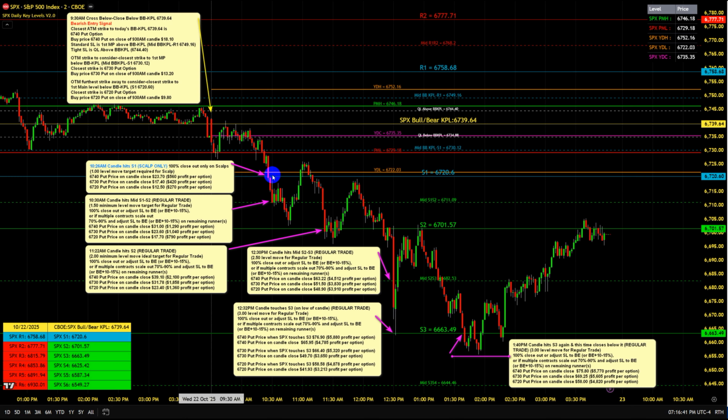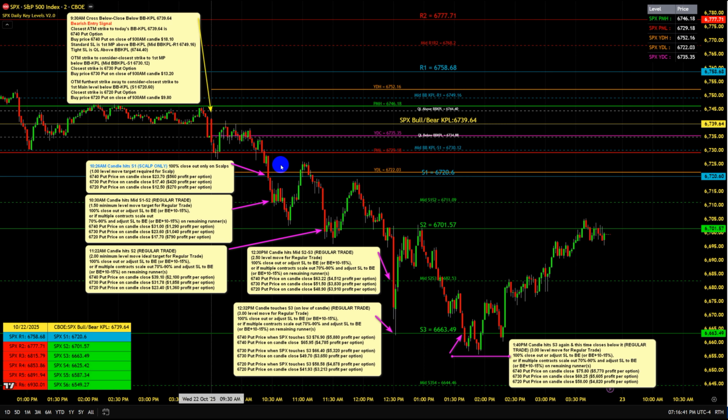So that's also part of the process of using this indicator on a demo account, like we said, for a significant amount of sessions, so you can decide for yourself whether you prefer to use this indicator for scalping only, or for regular trades only, or just make up your mind on each trade.